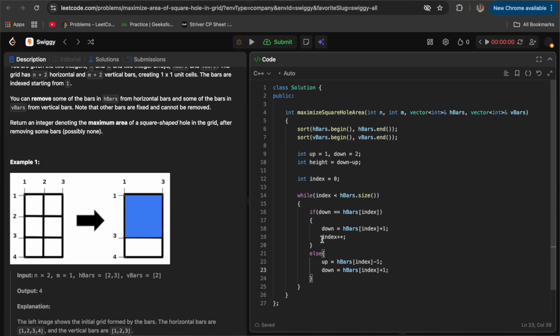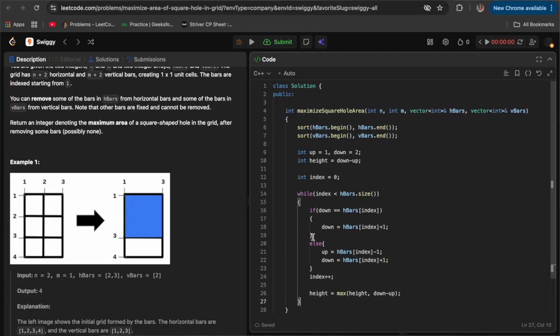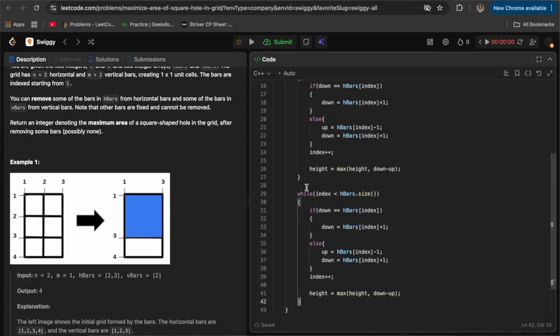So basically I have to increase the index in both cases. So I'll increase it once here. And every time I have to take the maximum height, so I'll take the maximum of height and down minus up, okay.